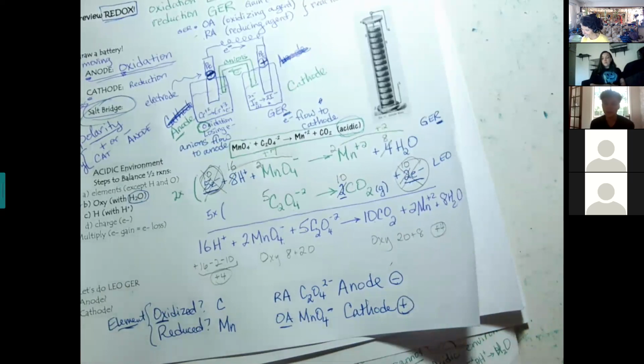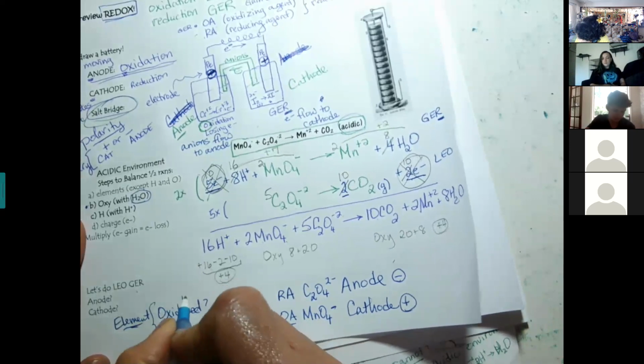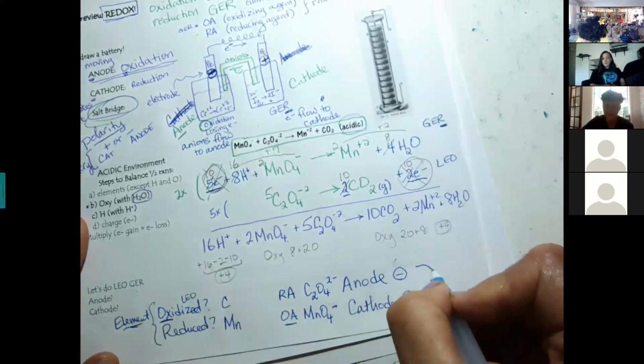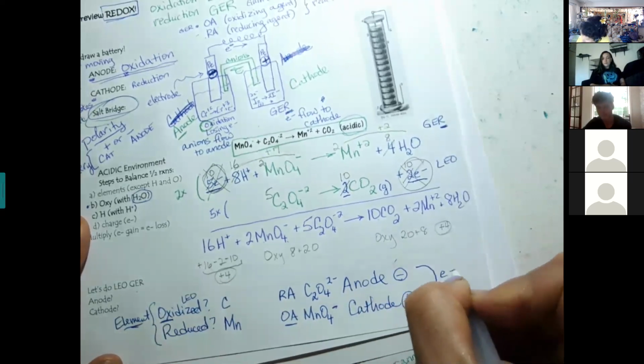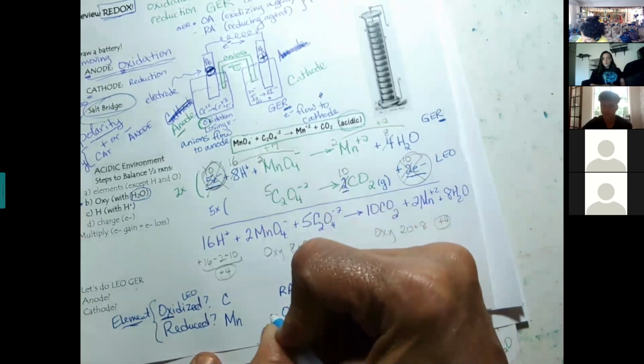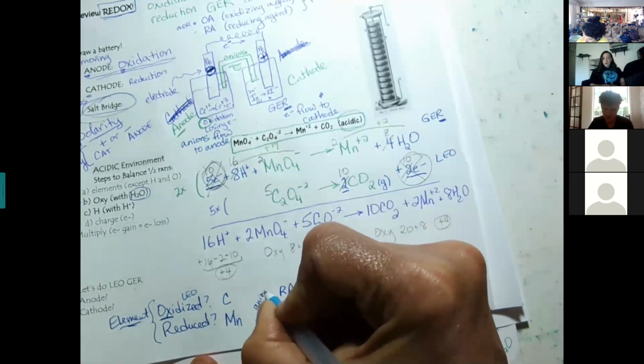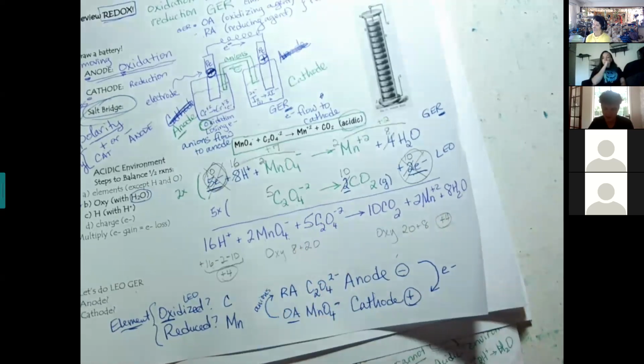What is oxidized is losing electrons. So the electrons are flowing from the anode to the cathode. And then the anions would be flowing to the anode. So that's like a mini battery we just made there.